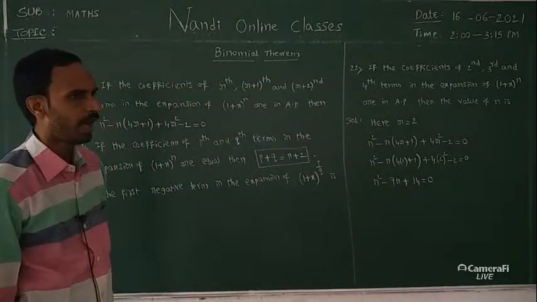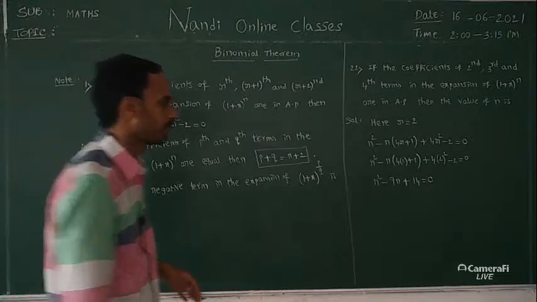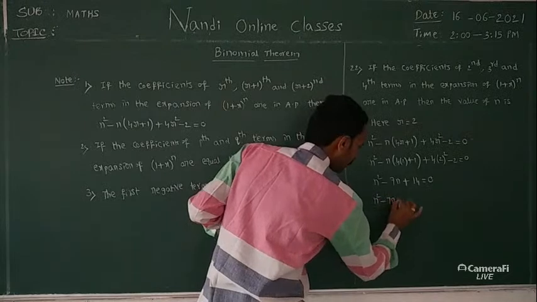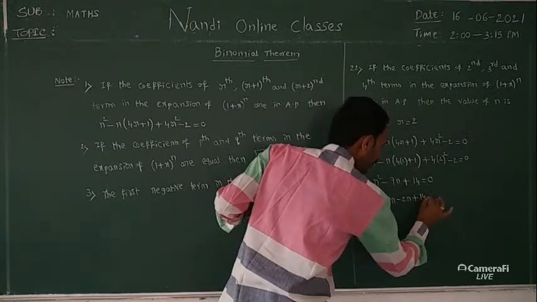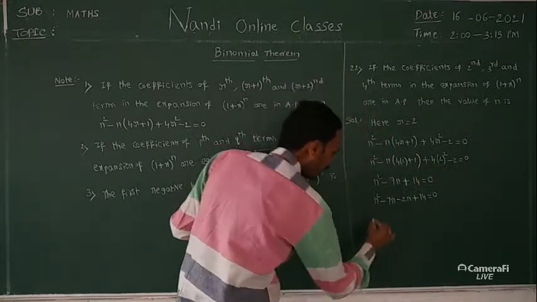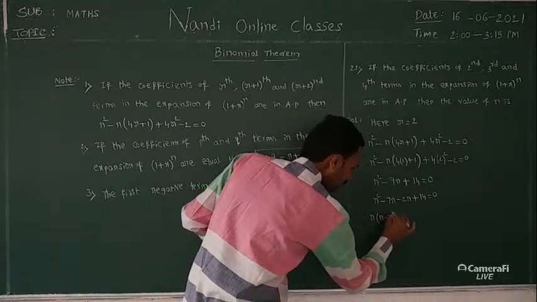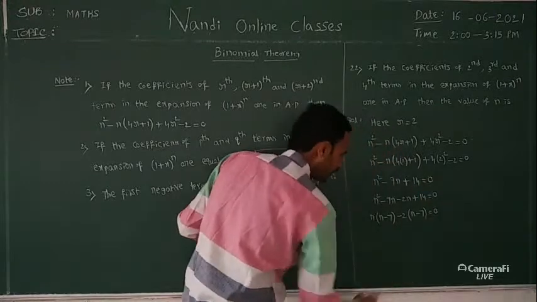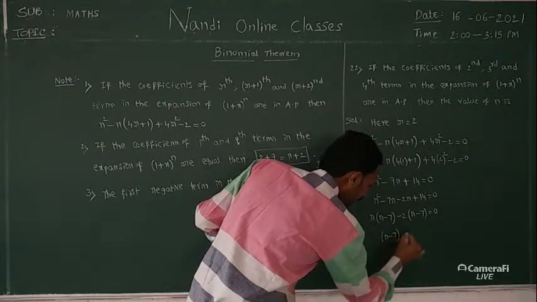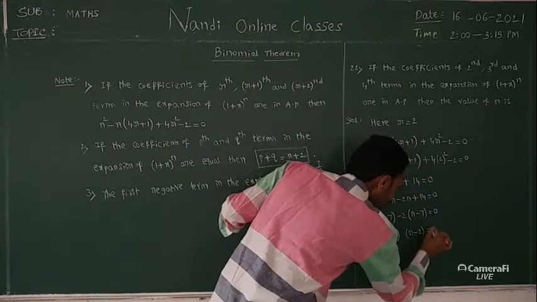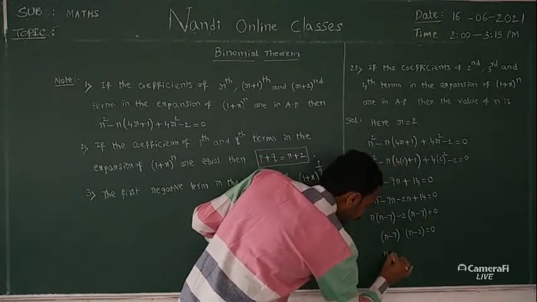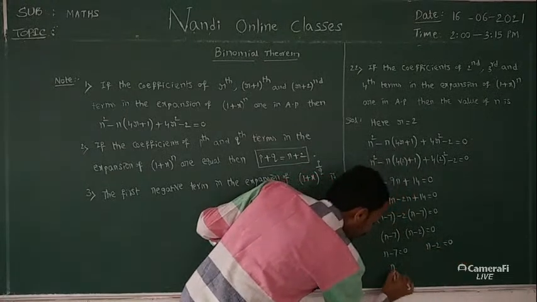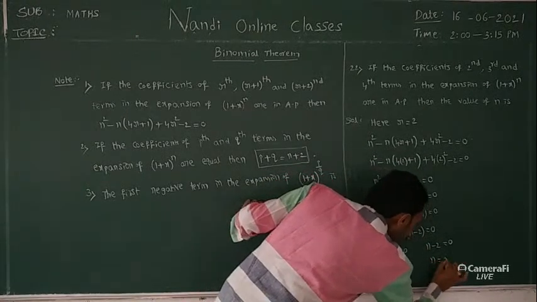Factorize, 14 factors are 7 and 2. So n square minus 7n minus 2n plus 14 is equal to 0. First two terms n common, n minus 7; minus 2 common, n minus 7 is equal to 0. Take n minus 7 common, you will get n minus 2 is equal to 0. Either n minus 7 is equal to 0 or n minus 2 is equal to 0. n is equal to 7, n is equal to 2.